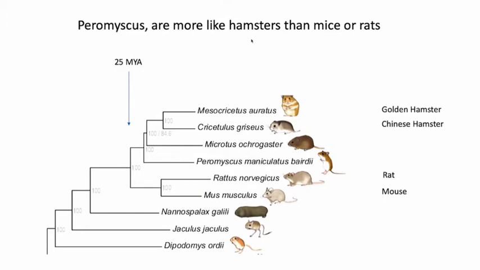In fact, a rat is much more closely related to a house mouse, although you wouldn't know that by looking at them. And Peromyscus is more closely related to things like hamsters and gerbils, which you can see over here, but they're not even that closely related to them. So there are all these mouse-like rodents that are quite diverged from one another.